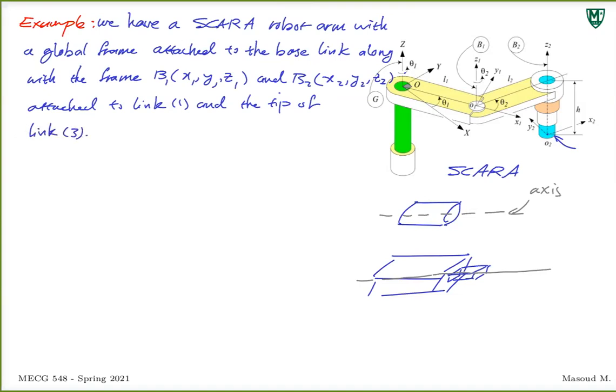All right, so let's do some notation there. This is the base link that is talked about. This is your base. B1 and B2. So B1 is attached to link 1. This is your link 1. And then you have link 2, and then you have your link 3.